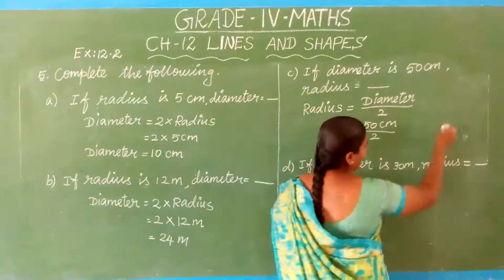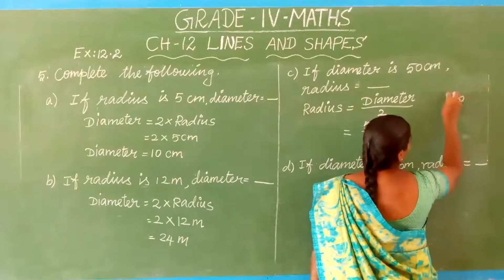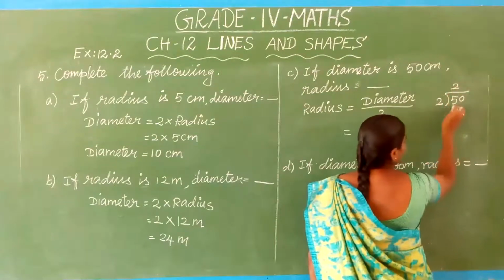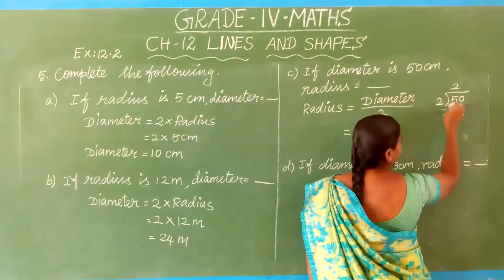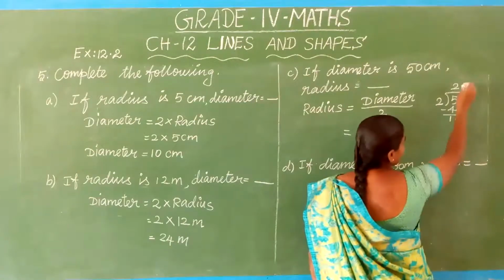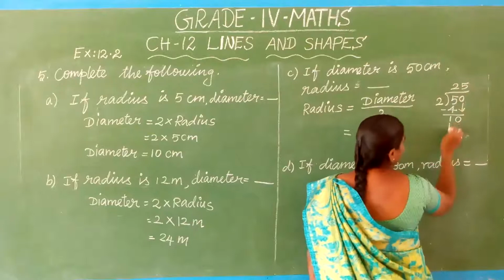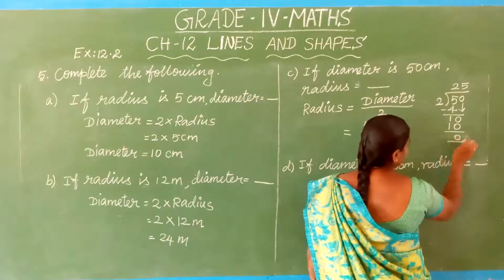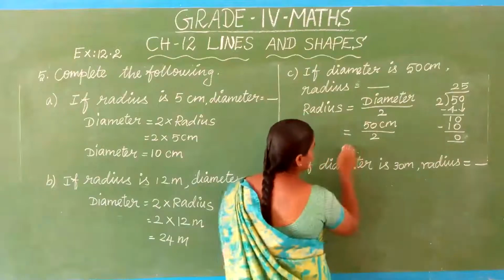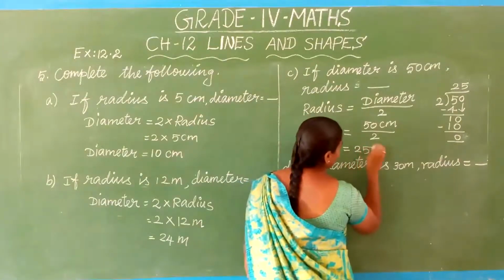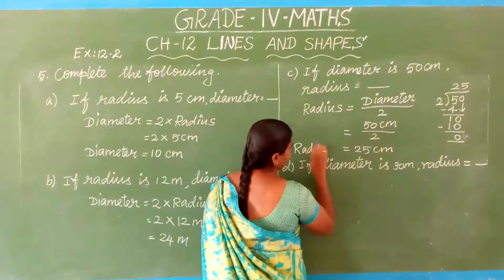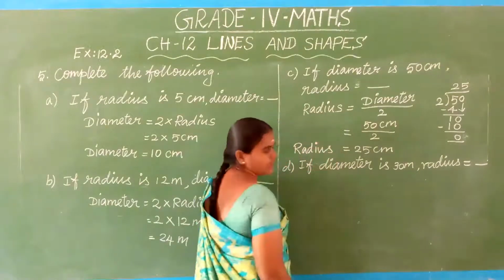Now divide 50 by 2. 2 2s are 4, minus means we get 1. Bring down 0. 5 2s are 10, minus means we get 0. So what is your answer? 25 centimeter. So radius is equal to 25 centimeter.